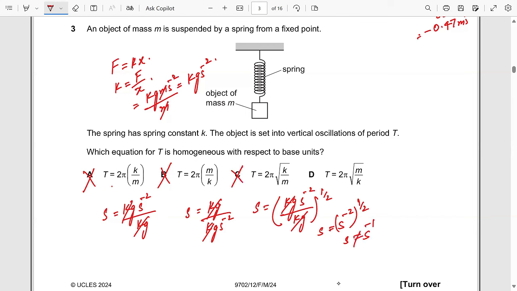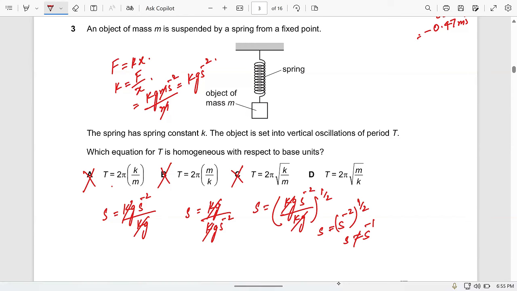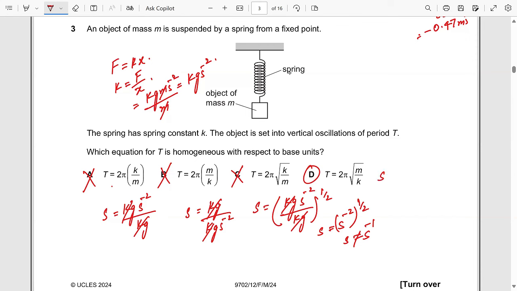When you apply the next one, your answer will be correct, right? D is the answer because this is s, this is kg, right, and this is kg s minus 2. This kg will cancel with this kg, so this s is here, this is s square, this 2 will cancel with this 2, and s is equal to, so the answer is D.